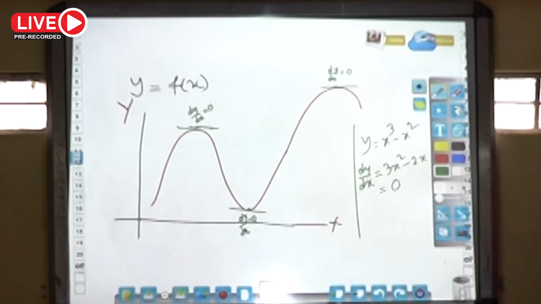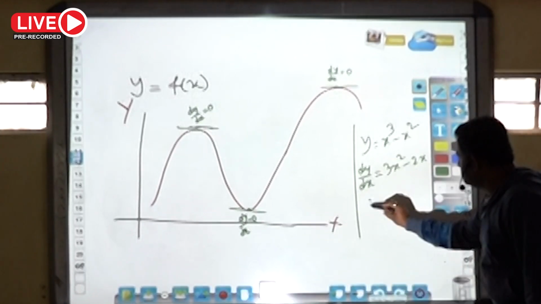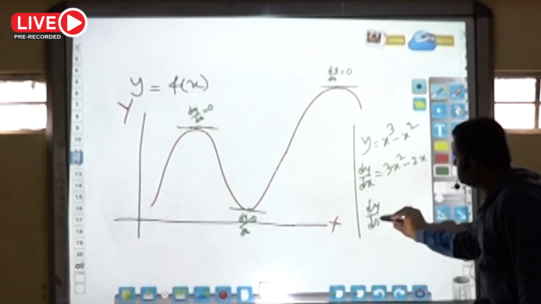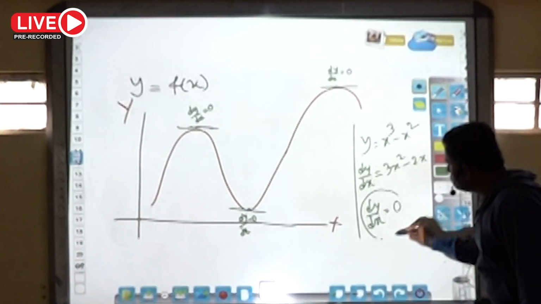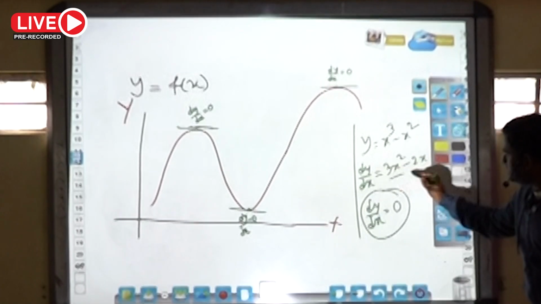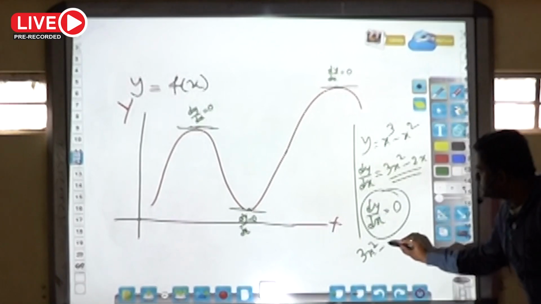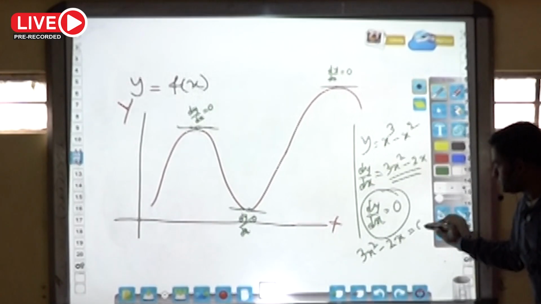Just put dy dx equal to 0. Because we know from this that whenever the tangents are horizontal, dy dx will be 0. So I will set dy dx equal to 0 and I will get an equation, that is 3x square minus 2x equal to 0 in this particular example.